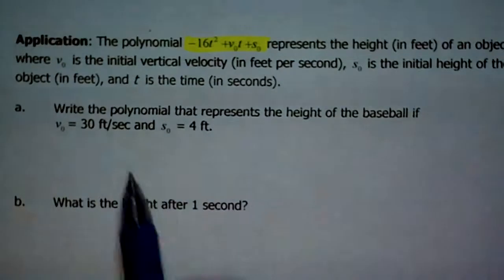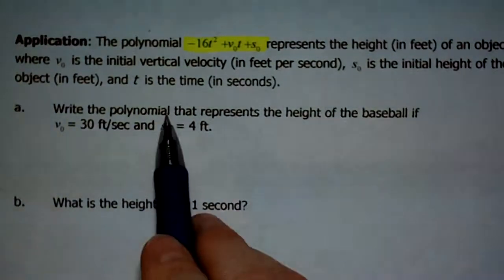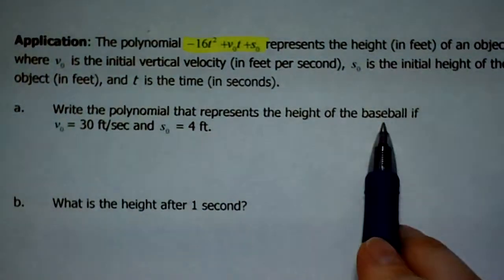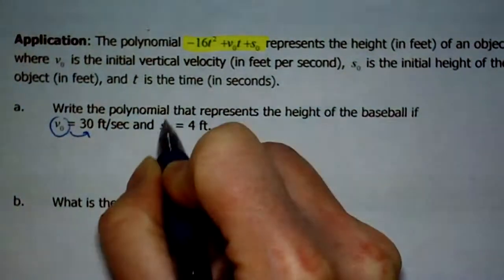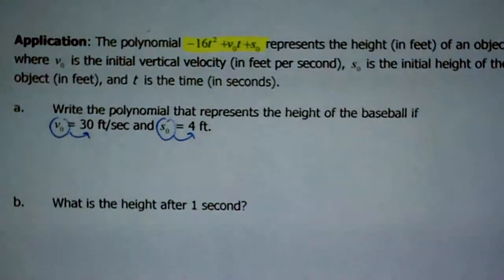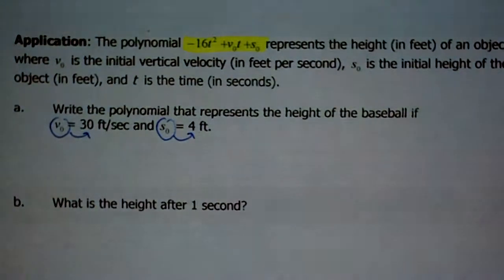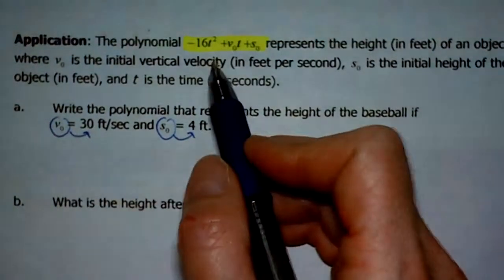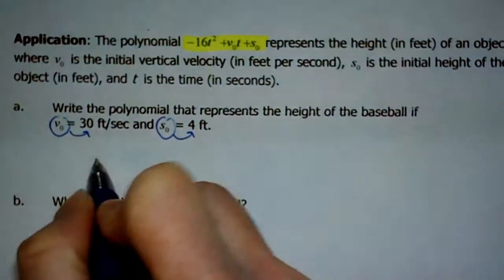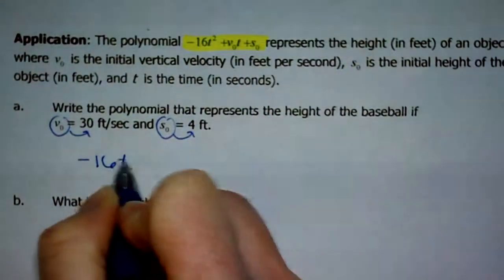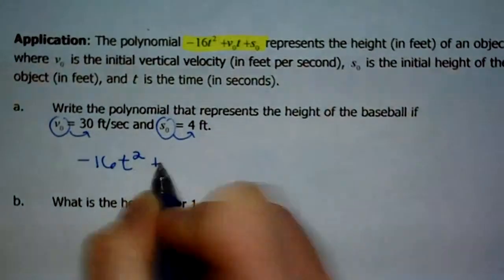You'll see. It says, write the polynomial that represents the height of the baseball if, and I'm telling you what v sub 0 is, and I'm telling you what s sub 0 is. So usually when I tell you what certain amounts are, what do you do? You just plug it in, right? So go back up to this equation. I didn't tell you what t was, so we're just going to rewrite this as negative 16t squared plus.